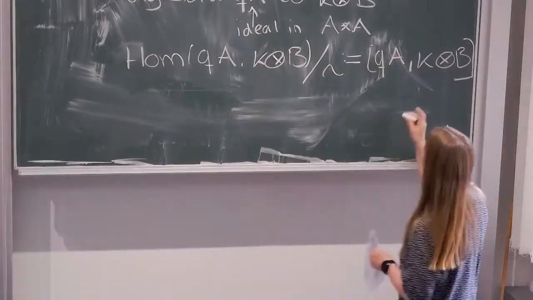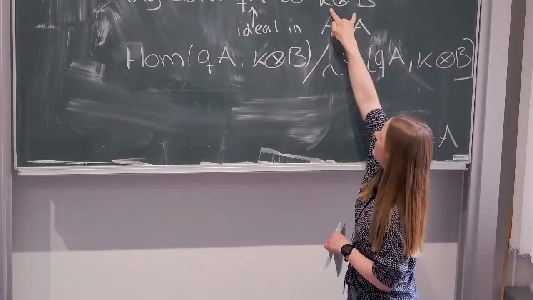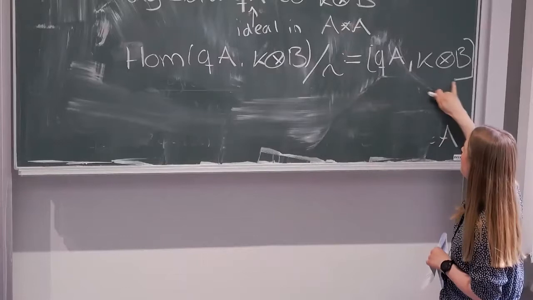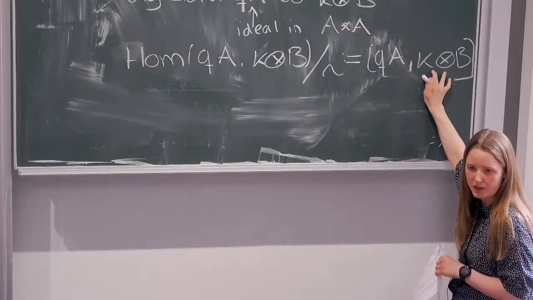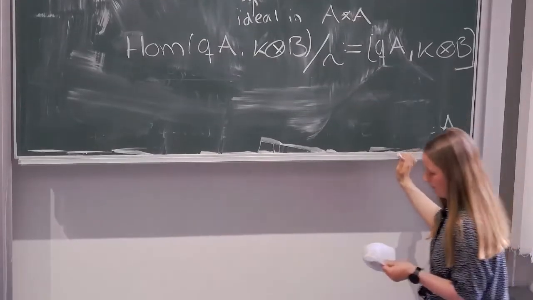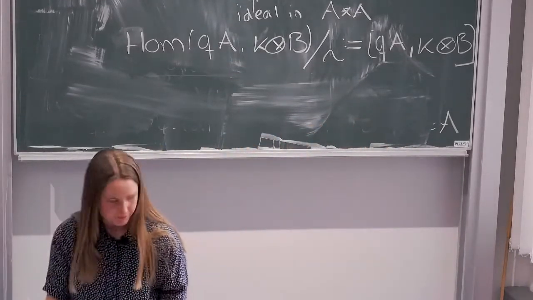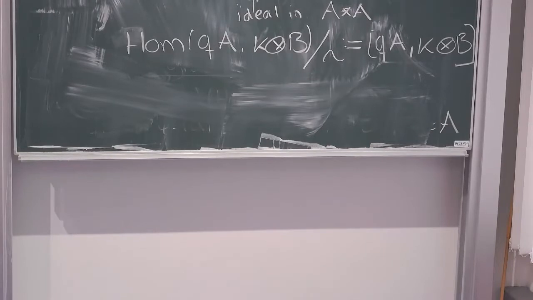There's also a reason why we look at K tensor B and not B: it shows that this will only be a group if this is a stable C*-algebra. It's just homotopy of these homomorphisms between these two C*-algebras.